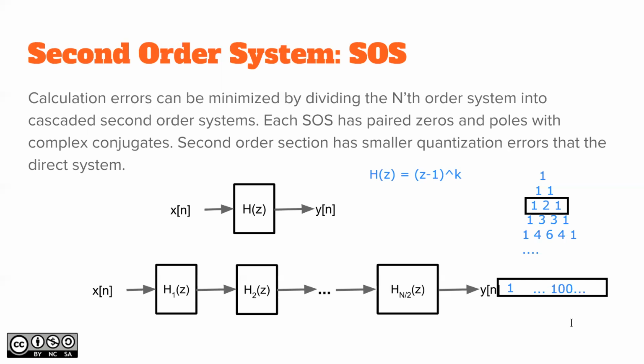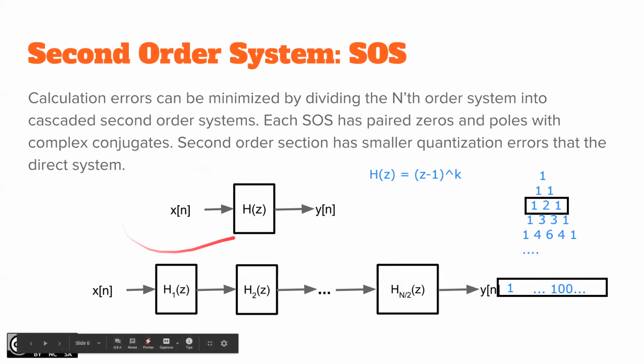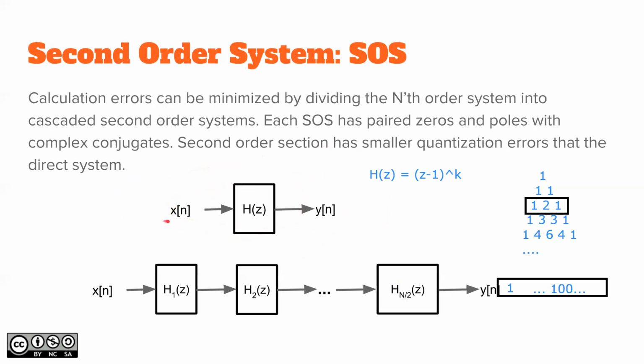So these are 2 orders of magnitude different. And when we have a direct form filter, meaning everything is in one filter, say a 50th order FIR filter, we have a big difference in order of magnitude.